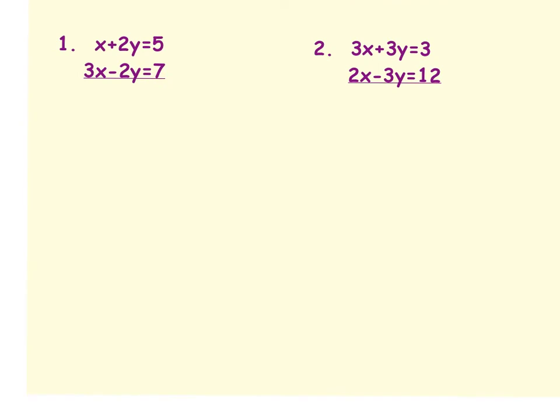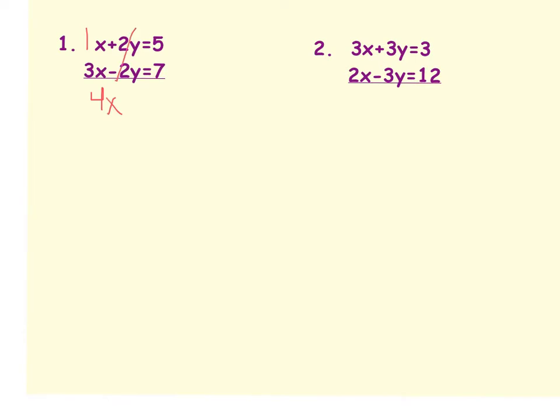Notice how in this equation you have your y's, which if we were to add them together would cancel out. Say you have a positive 2y and a negative 2y, those would cancel out. So what we're going to do is add straight down. 1x and 3x make 4x.